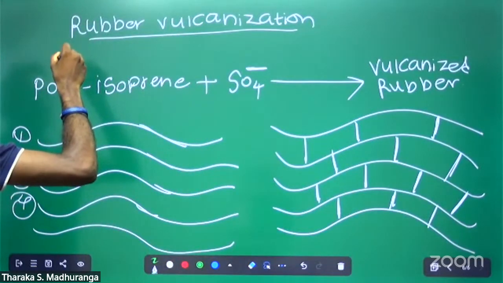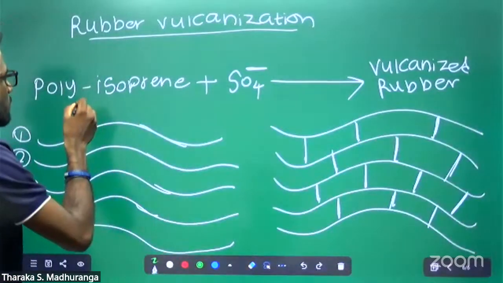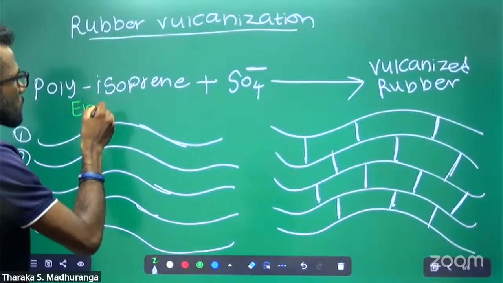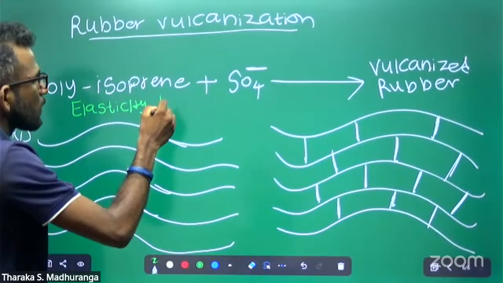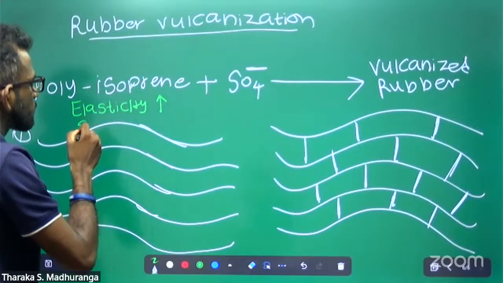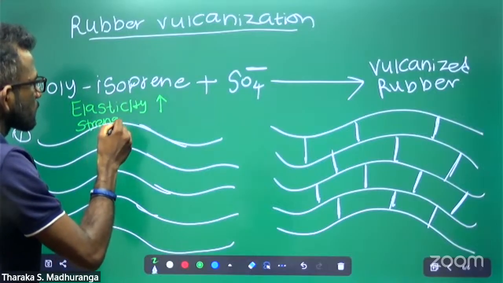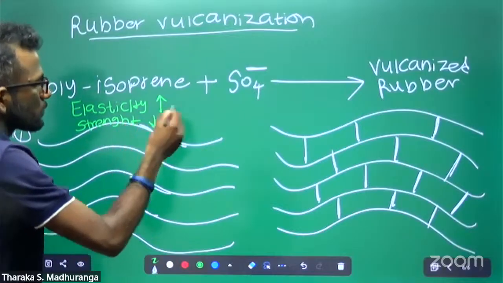In natural rubber, the elasticity is higher and the strength is low.